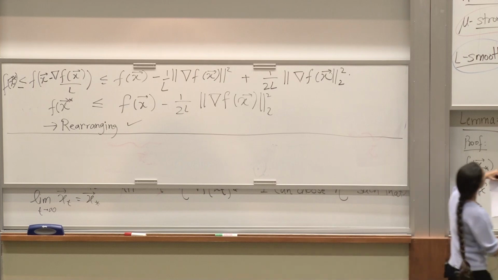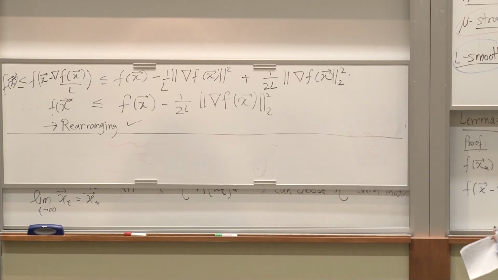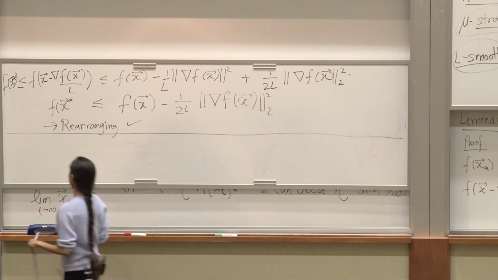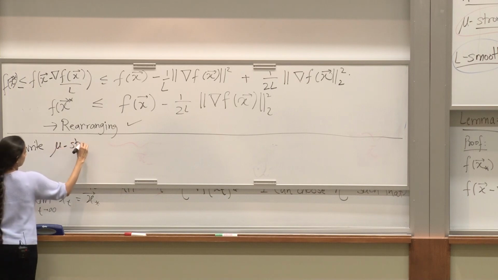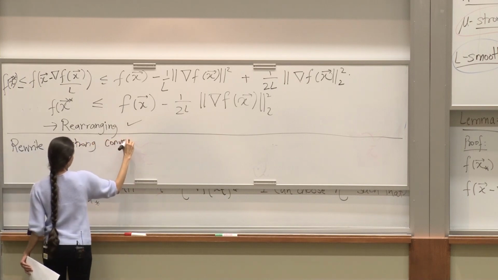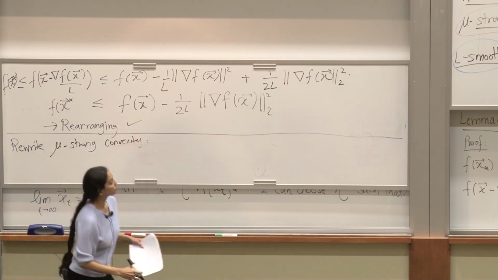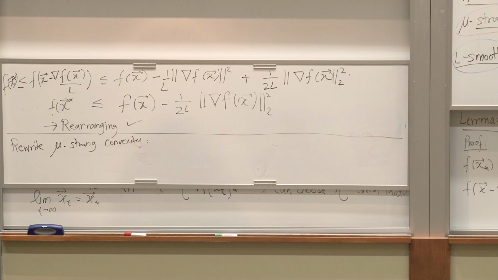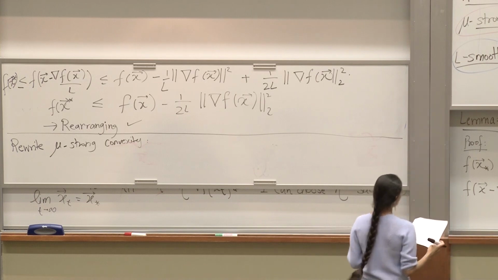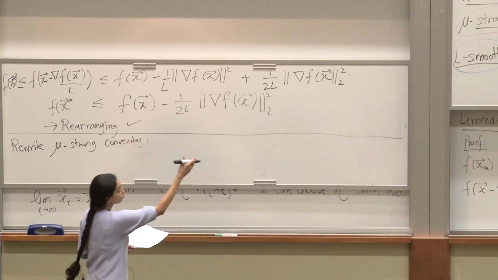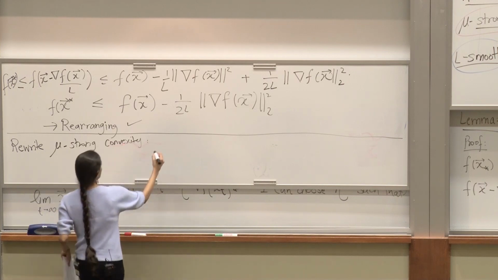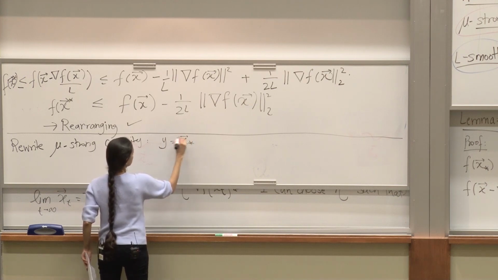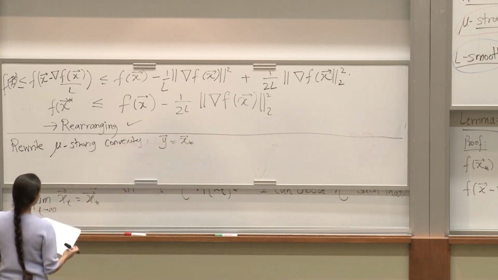I want to also rejigger this mu strongly convex condition, rewriting the strong convexity condition to pull out basically this inner product. If I choose y in mu strong convexity to be exactly equal to x star, then I can rearrange that to write the following.